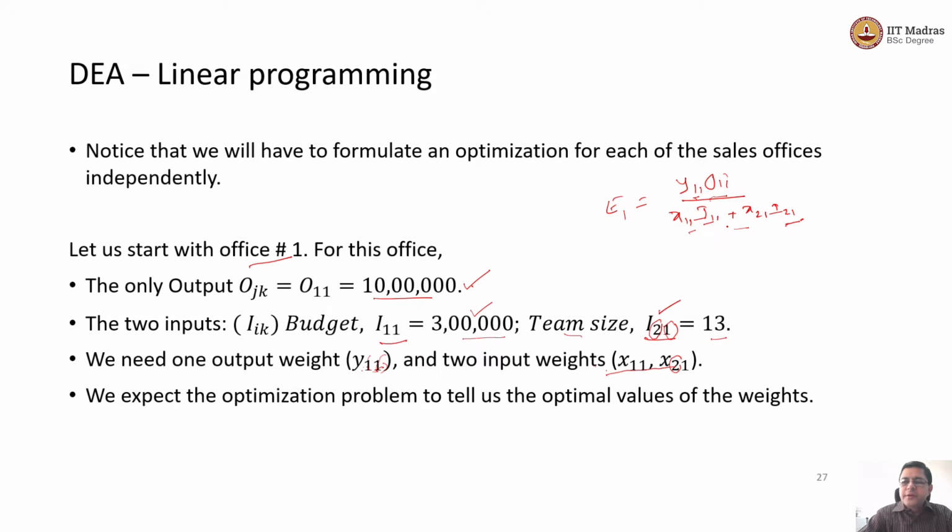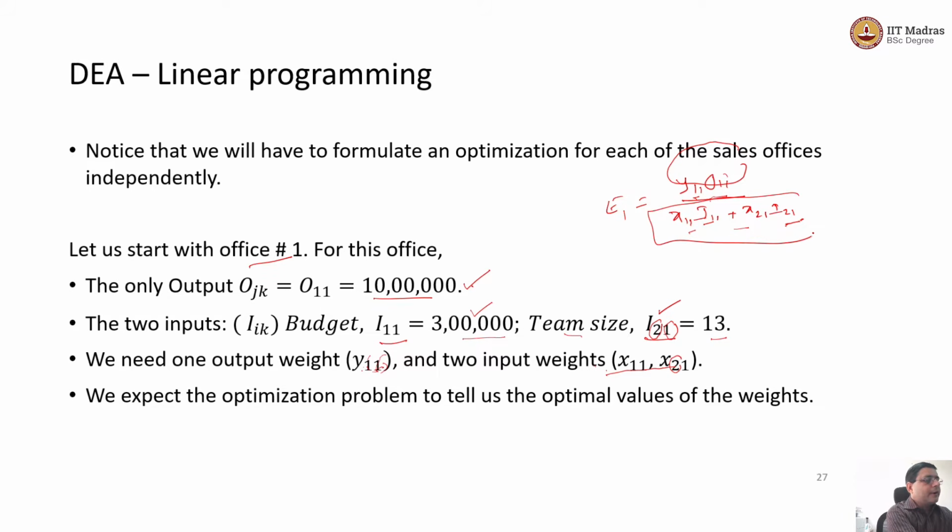What is going to be the objective function for this particular problem? Objective function is going to be maximization of the numerator. So maximization of Y11 O11 is going to be the objective function. What is going to be the first constraint? The first constraint is going to be normalizing the denominator to 1.